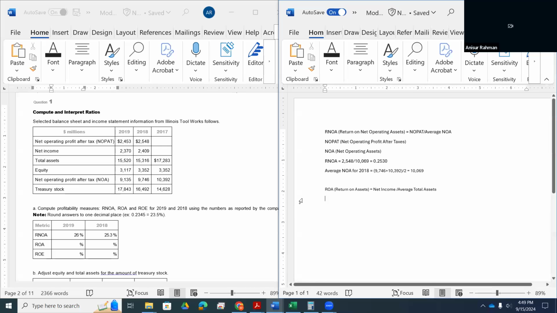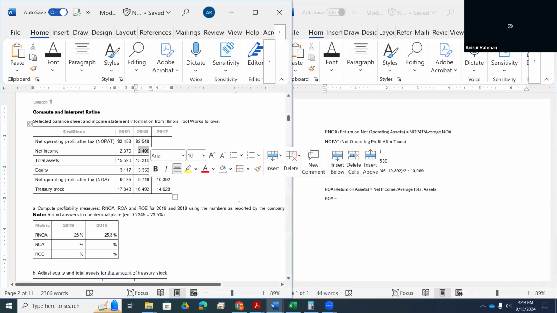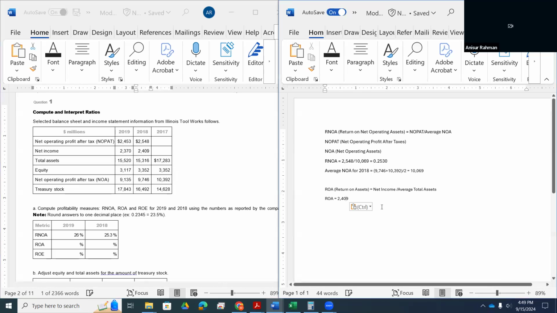So our net income for 2018 is 2,409 divided by average total assets.